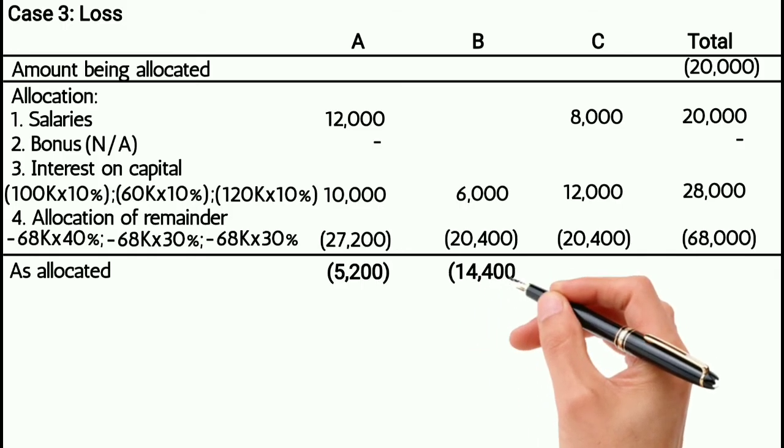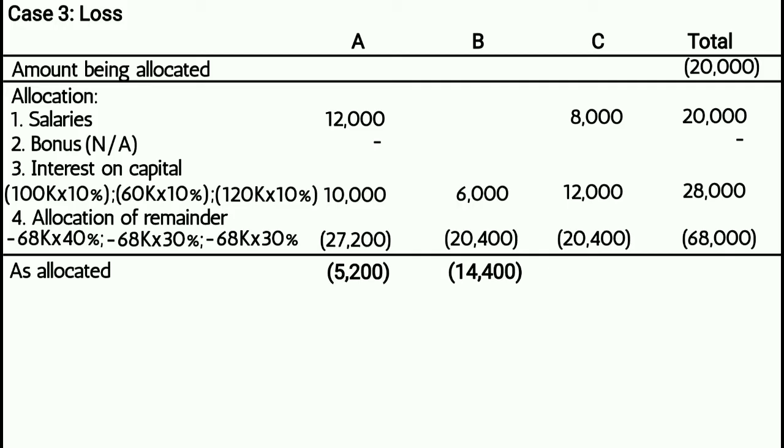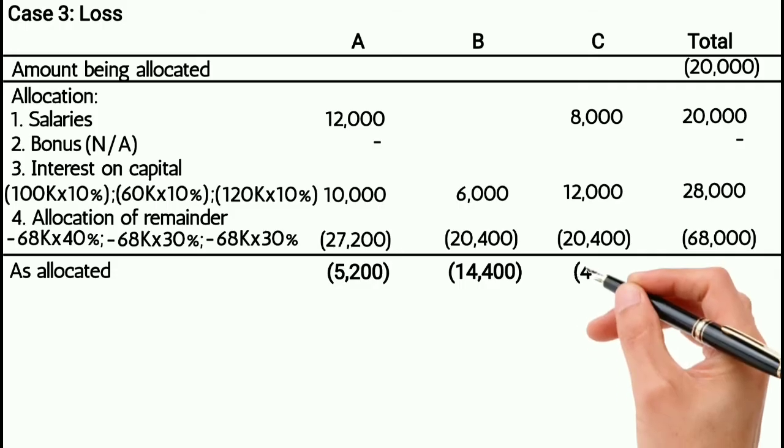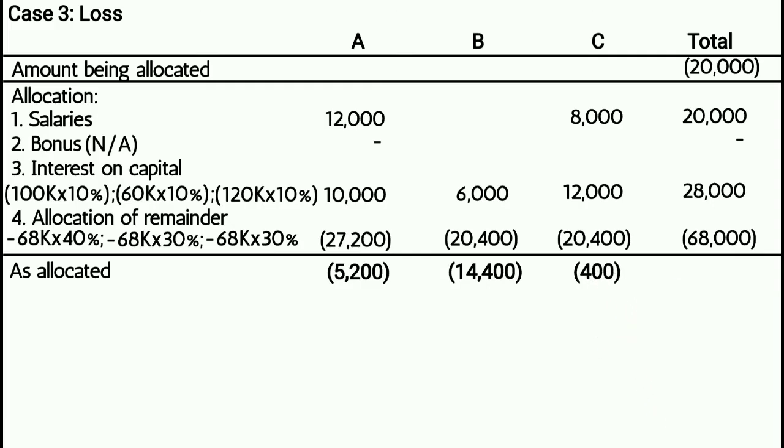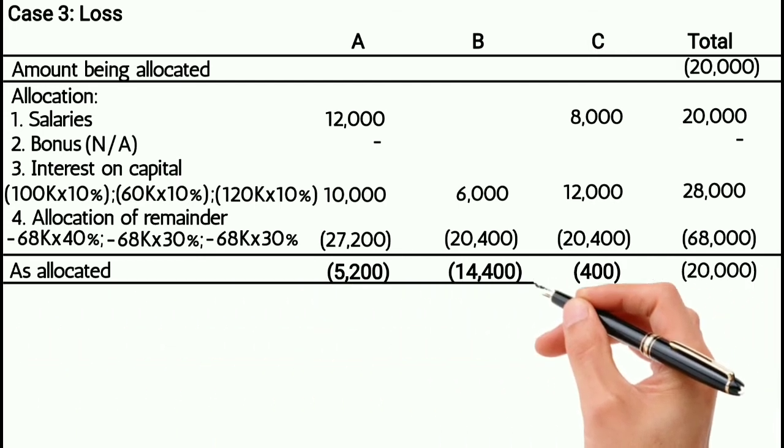Negative 14,400. And for C, 8,000 pesos plus 12,000 pesos minus 20,400 pesos, ilan yan? Negative 400 pesos. Of course, all in all, that is equal to negative 20,000 pesos.